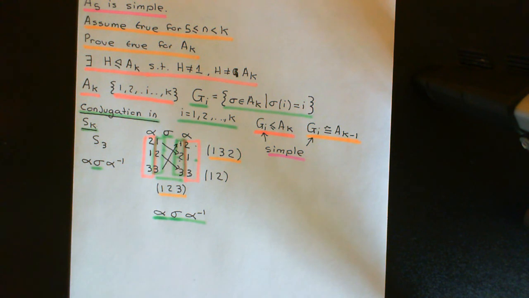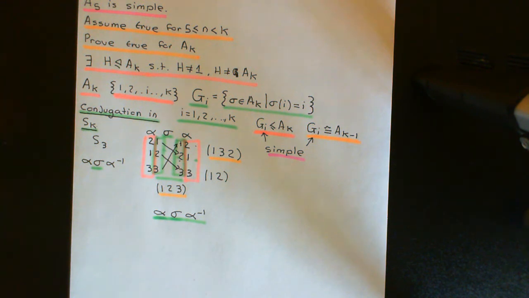That if you conjugate one element by another element, you are effectively relabeling the domain and codomain according to the element that you're conjugating by. So the element that you're conjugating by will be a set permutation of the set 1, 2, all the way down to k, and that is therefore effectively a relabeling map.